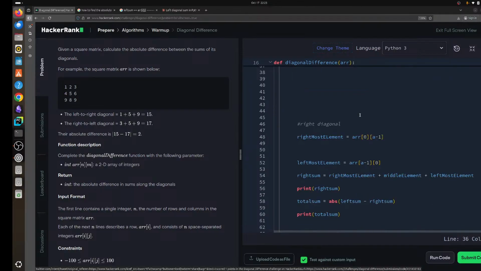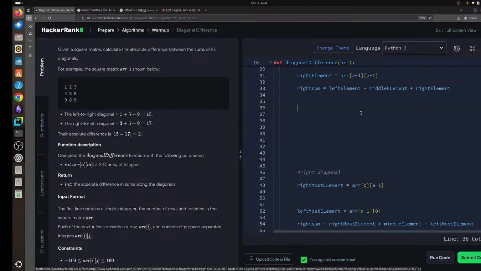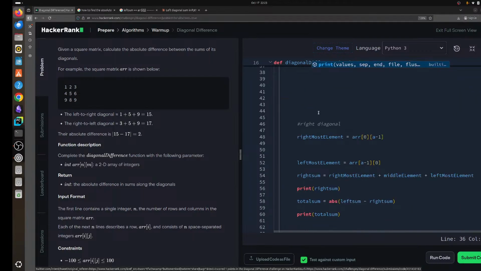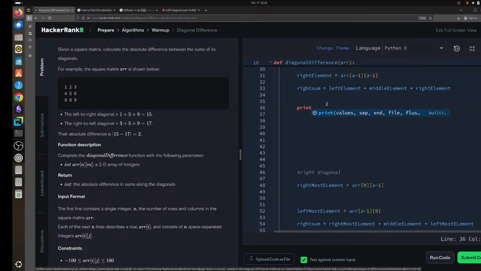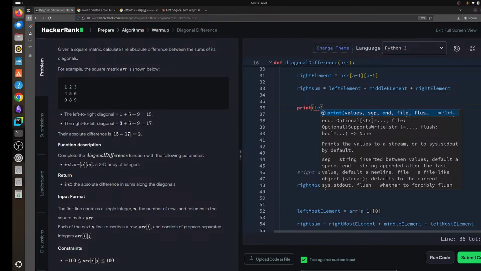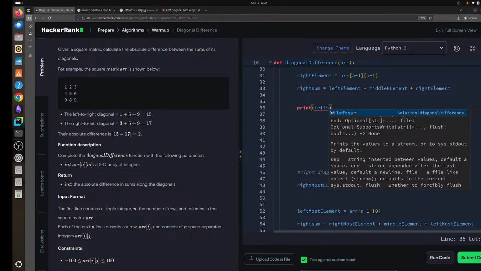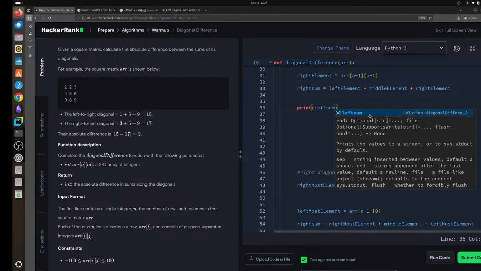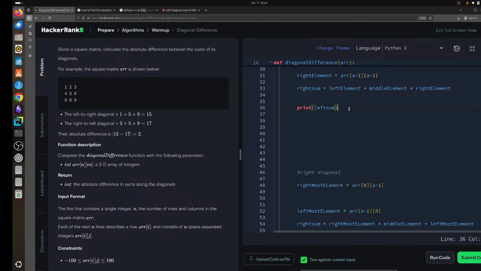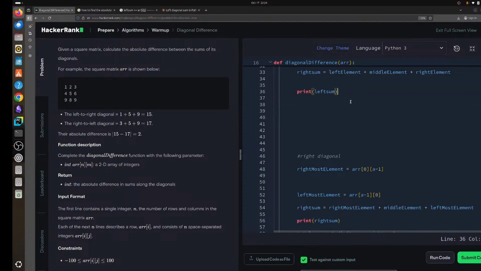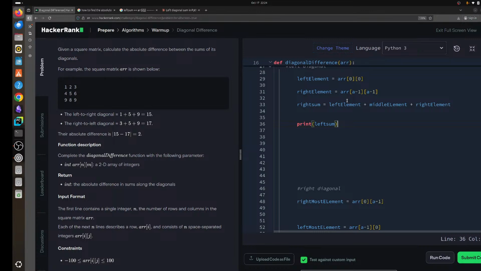Then print the left sum. Print the left sum.